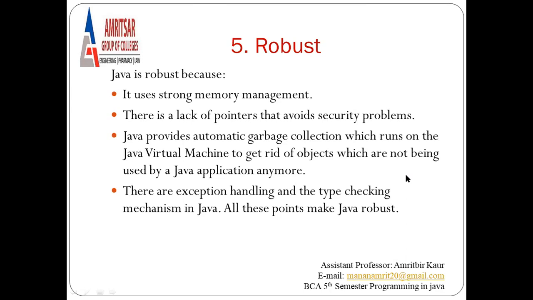Then Java provides automatic garbage collection, which runs on the JVM, Java virtual machine, to get rid of objects which are not being used by a Java application anymore. So the objects which are not used are deallocated by the automatic garbage collector. There are also exception handling and a type checking mechanism in Java. All these points make Java robust.